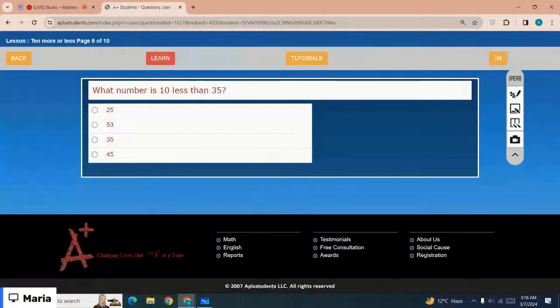What number is 10 less than 35? So which is the correct option?